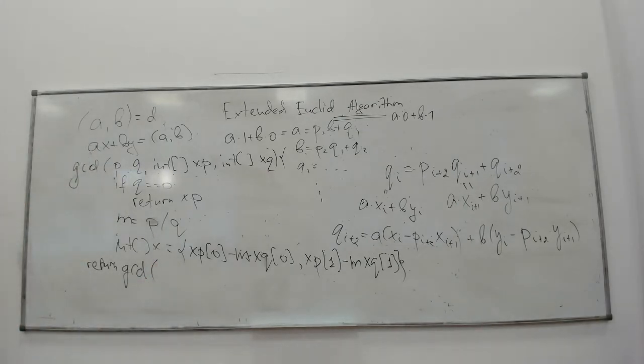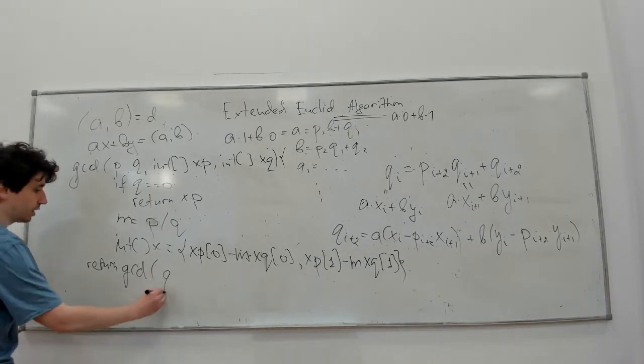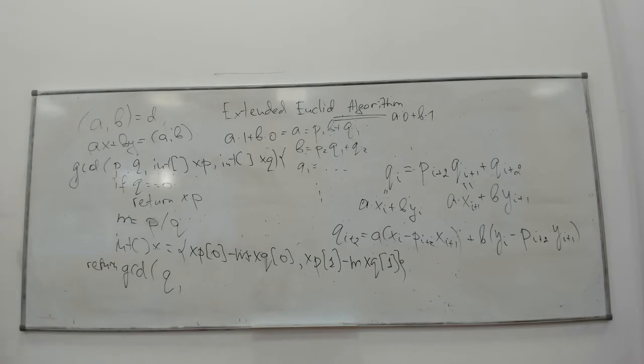It was P, Q, and then it should be... Can you say it louder? Sorry, I don't have very good hearing. Q, okay, good. You guessed the first parameter. That's already a good start.